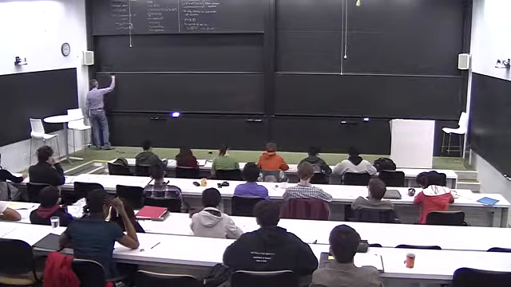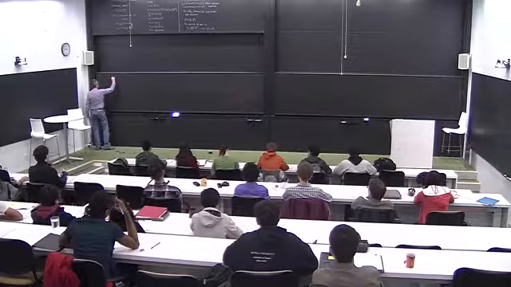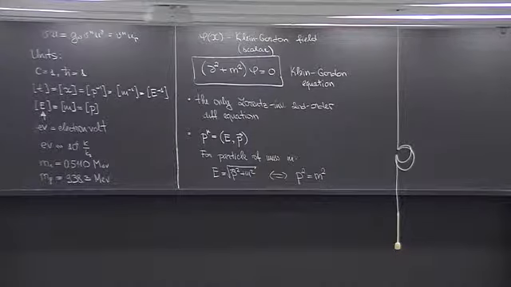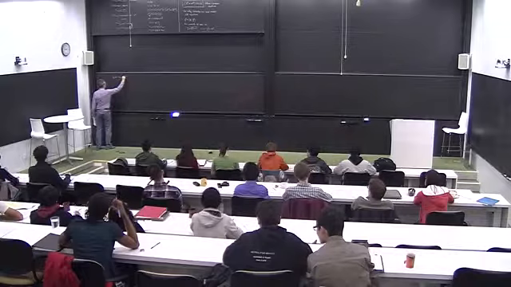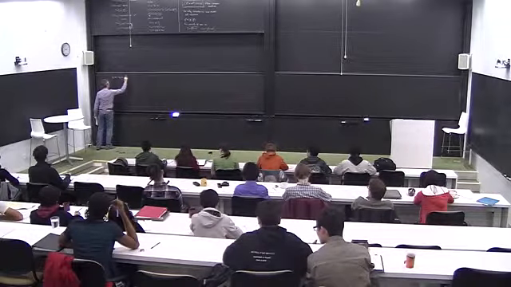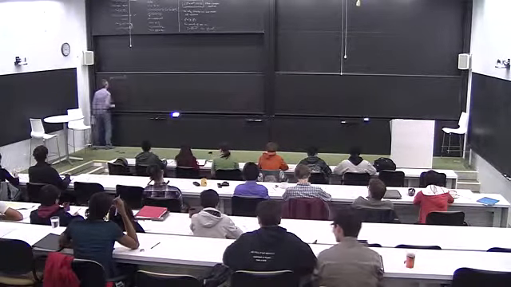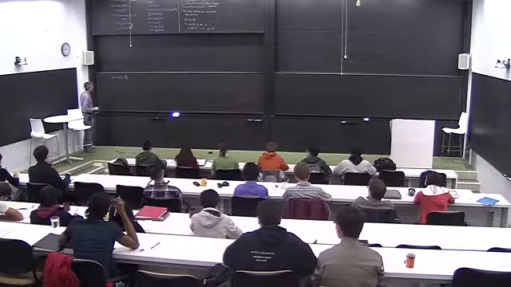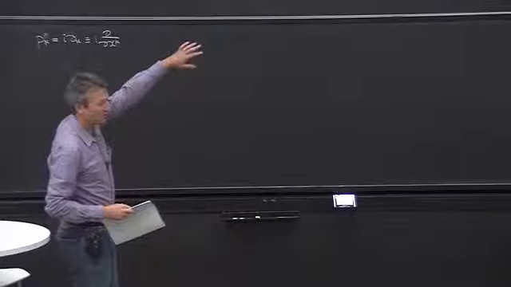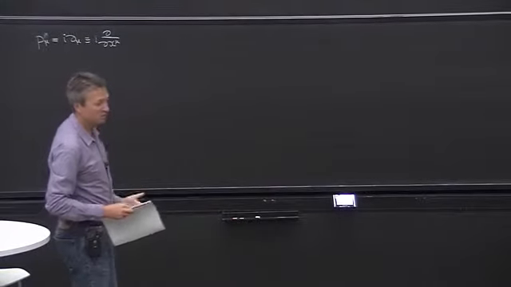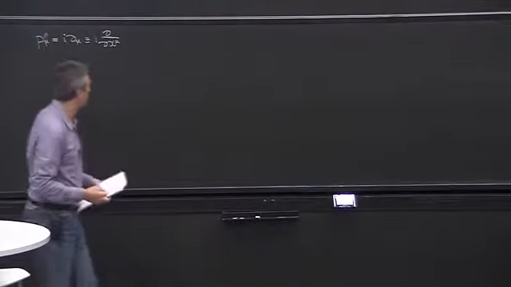And then, as usual in quantum mechanics, we replace p mu by i times d mu, where by d mu we denote the derivatives with respect to x. Then we substitute this into the equation p squared minus m squared equals 0, and then we get the Klein-Gordon equation.